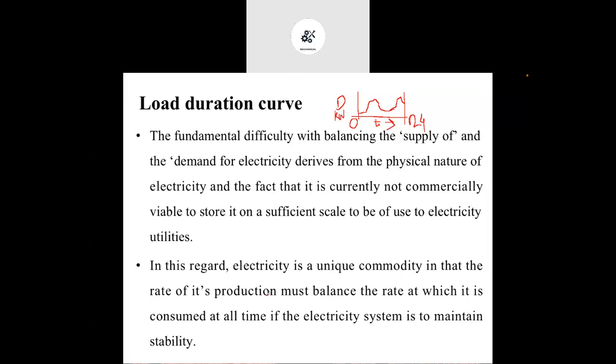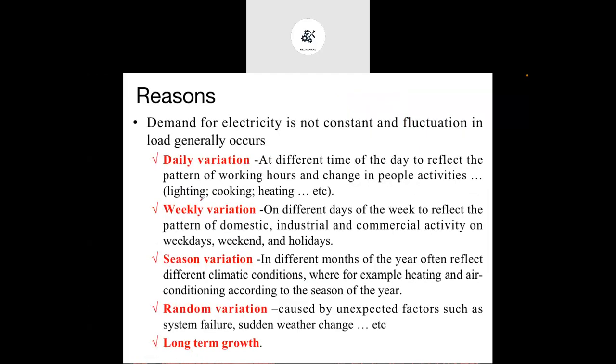In this regard, electricity is a unique commodity in that the rate of its production must be balanced with the rate at which it is consumed. How much electricity is generated, all of it must be consumed by the customer. That is the main condition we have to follow.